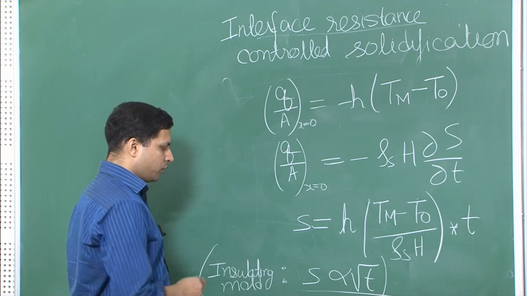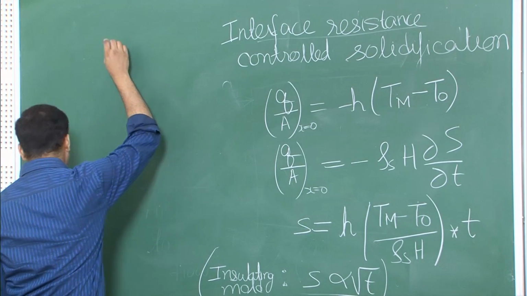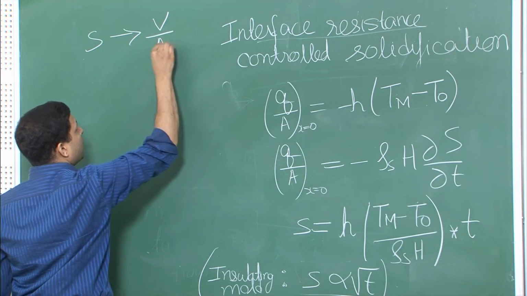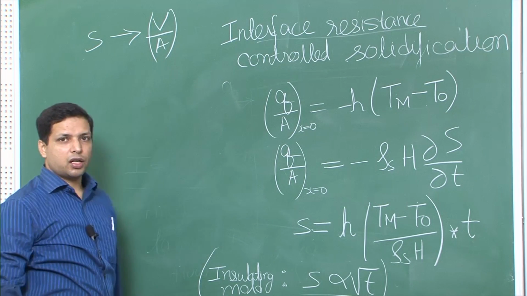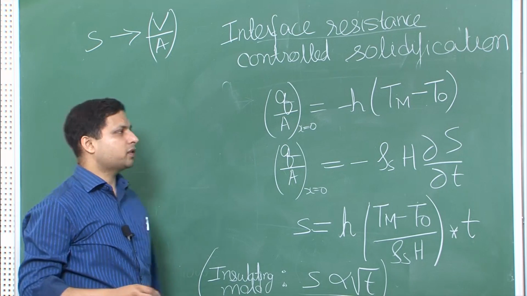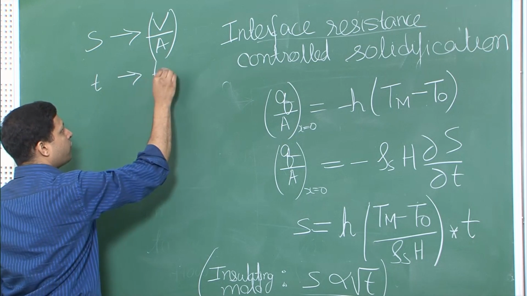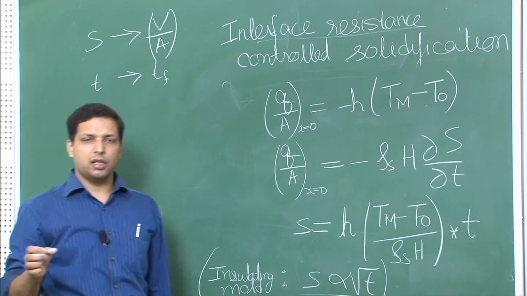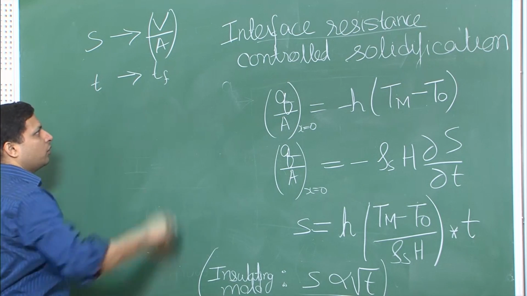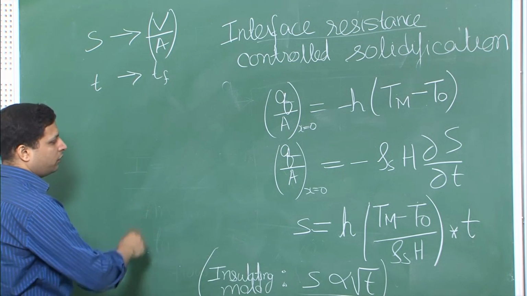Then in those cases we can replace S by V over A, where V is the total volume and A is the metal mold interface area. And then T becomes TF, because we are talking about the final solidification. Only at the final stage do we get the total volume. So T we are talking about is only the total solidification time, and therefore we can replace it.